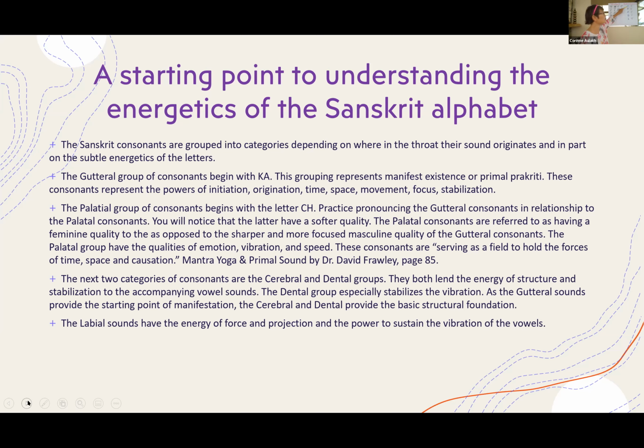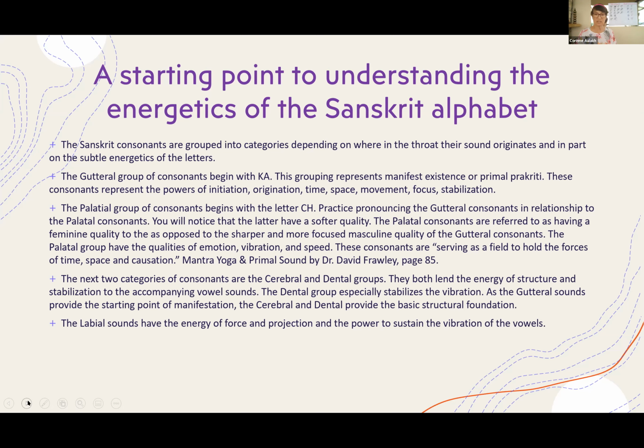So let's look at the Guttural Group, which begins with the Ka sound, ka. This Guttural Group is characterized by a more masculine quality. It's a little more harsh. So it can bind the vowel sound with more of a powerful masculinity, and it is the power to initiate something.